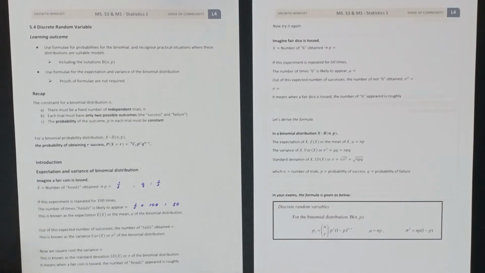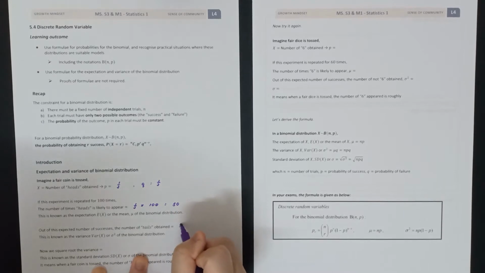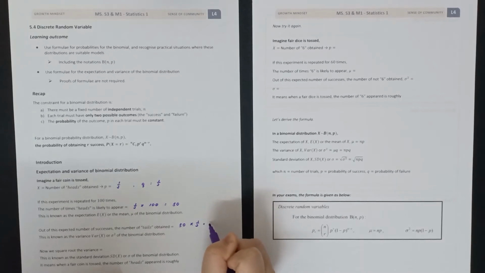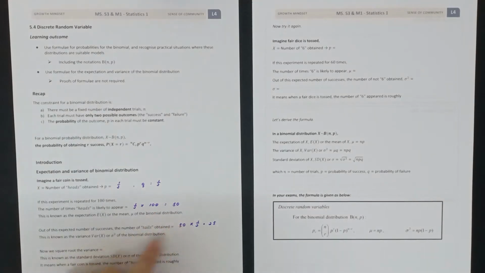No, because in an experiment there will be errors. In a real-life situation, it cannot be exactly like the theoretical one. So out of the 50 expected successes, the number of tails that I might get is, I have half a chance of getting tails. What I'm trying to do is take the expected number of successes, which is 50, and multiply it by the probability of failure.